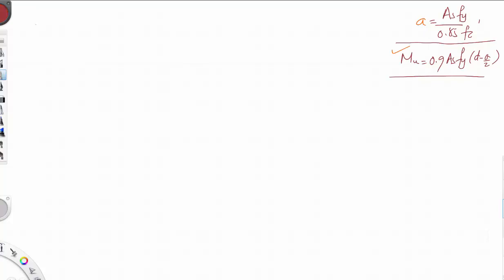So I start by calculating a is equal to As Fy over 0.85 Fc prime b. Of course, use the actual reinforcement. The As is the actual reinforcement, which is 8.0 inch square. It is not 8.025 square, because that is the calculated one.